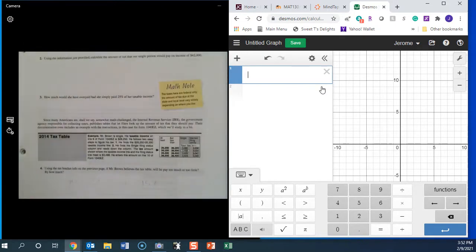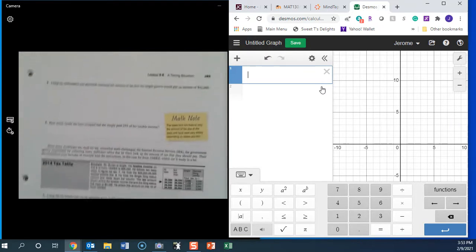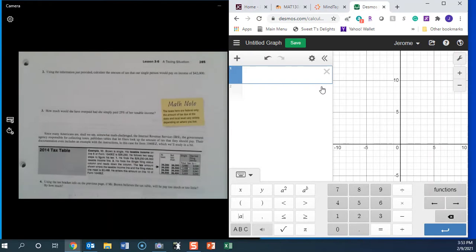All right, I'm going to explain this a little better when we get to some practical problems. And just to let you know, I think we only got about 5 more problems, and then we're done with 3.6. Okay, number 2.